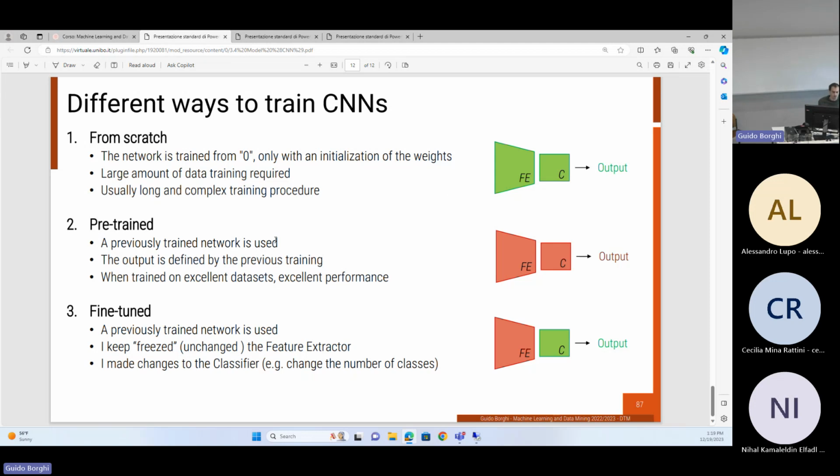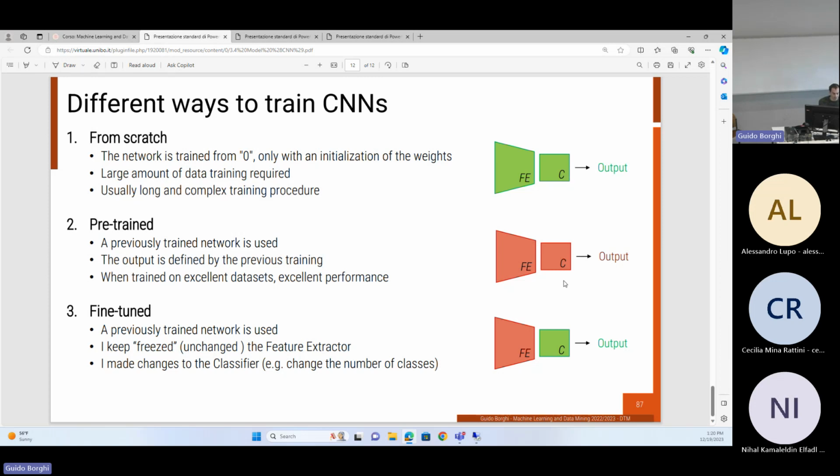The second method to use our convolutional neural network is to use a pre-trained neural network. So we use a network that has already been trained on a specific data set. In this case, you can see in the image on the right, in red color, that both the feature extraction part and the classifier are used as is.